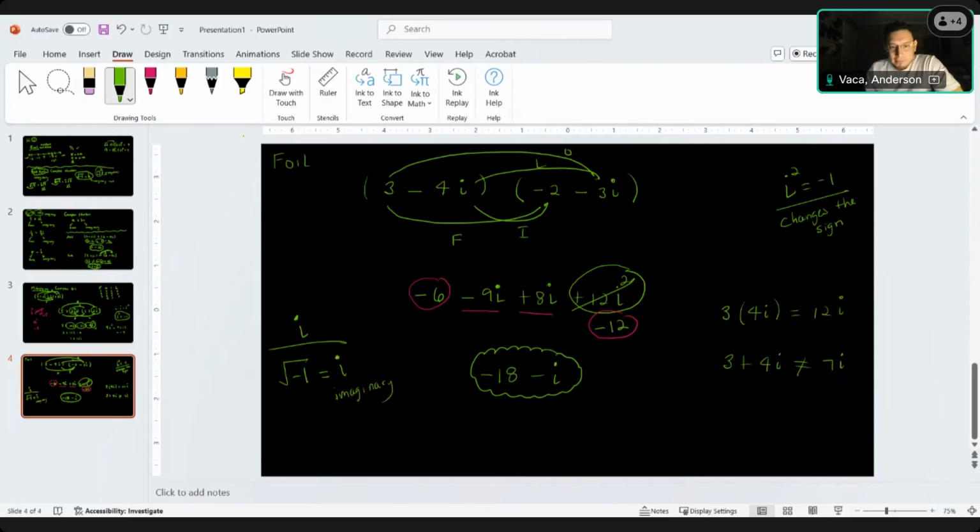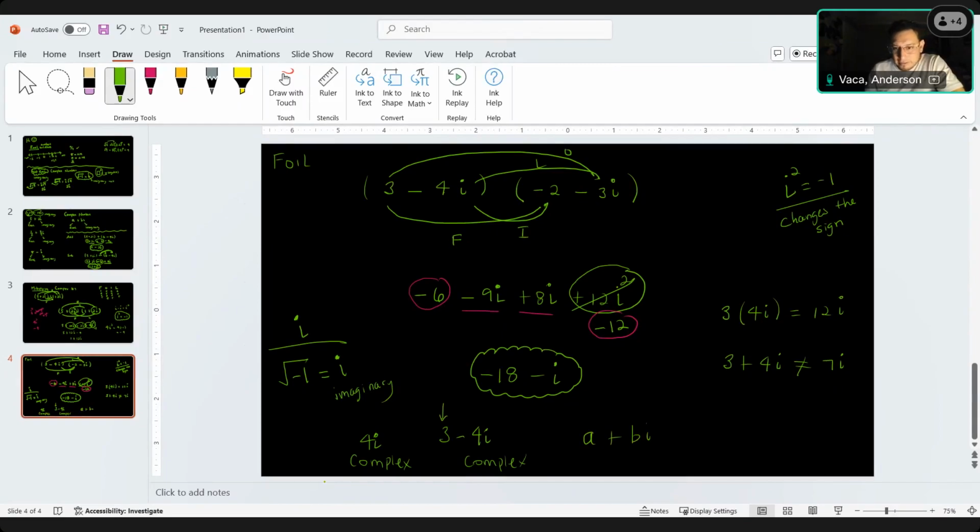So any number that looks like, for example, 4i, is an imaginary number. Numbers that look like 3 minus 4i are complex numbers. Every complex number has a real part and an imaginary part.